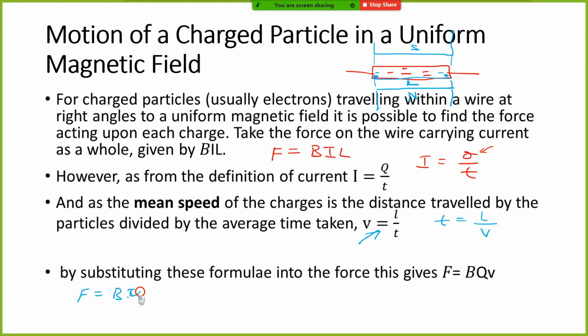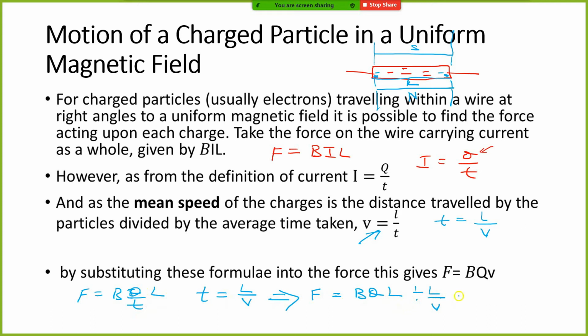We're going to replace I with Q upon T, times L. But just now we said that T is equal to L divided by V. So if I substitute T in that equation, I now have force is equal to B times Q times L, and since T is dividing here, we're substituting for T with L upon V. I could say divide by L upon V, because that's the same thing.